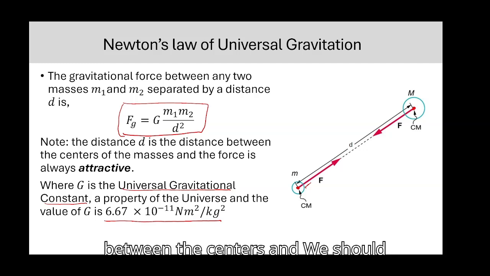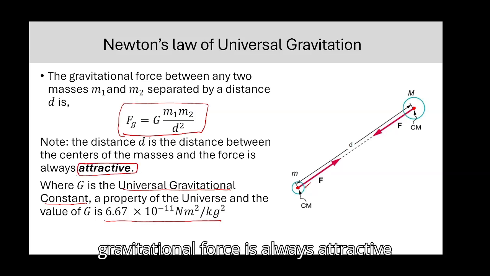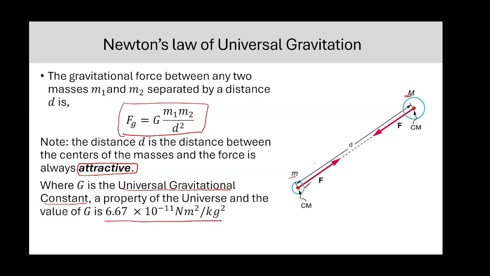We should also remember that the gravitational force is always attractive. We can see here we have a mass m and a mass capital M, and a force is exerted by object M, attracting the small mass m toward its center.